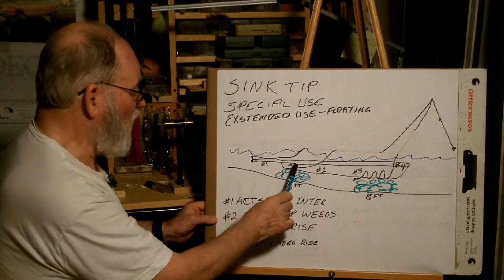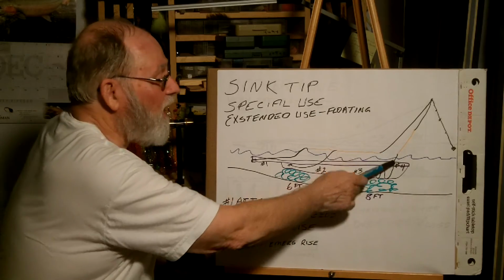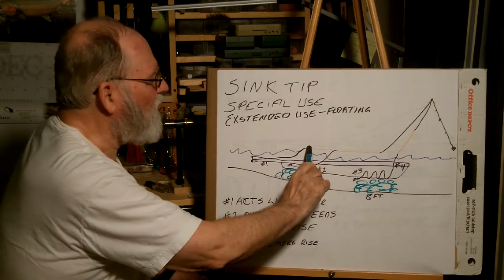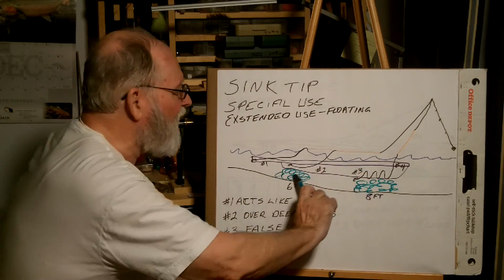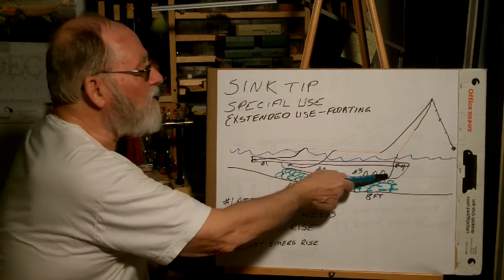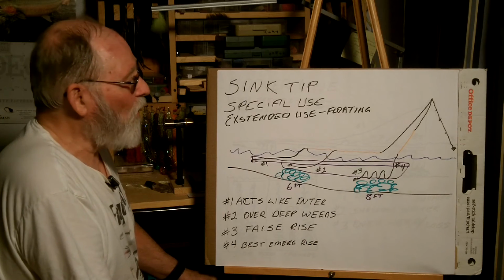But it works very well over deep weed beds, and especially for false rises. Because of the way the line moves with the floating line above and the sinking line coming up, it imitates the movement of the false rise of caddis and mayflies very, very well.